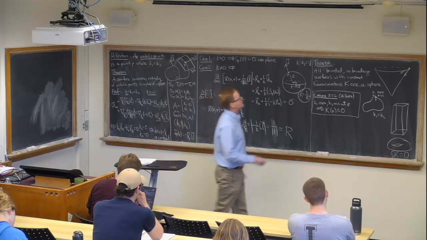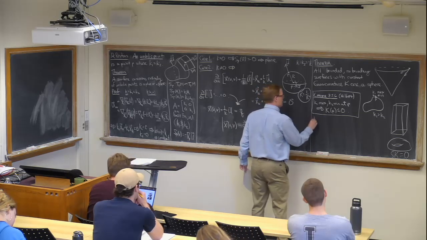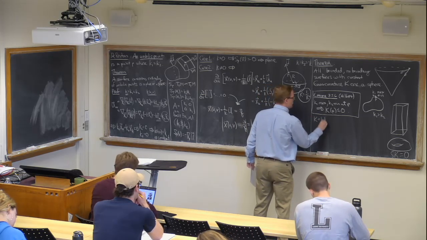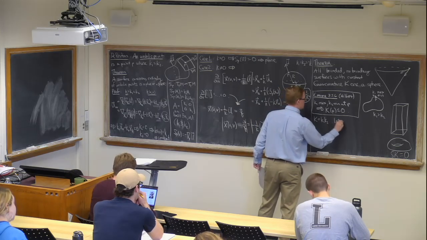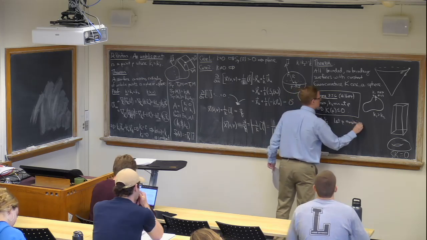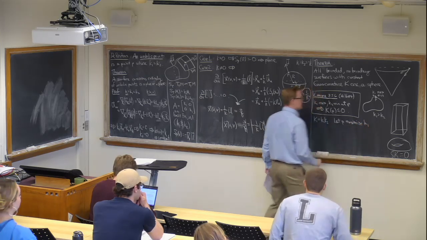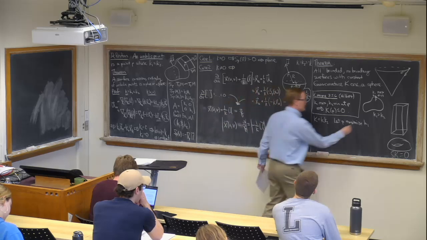So now it turns out this limit can be used to prove the theorem, because we know that K is equal to k1 times k2. So what you do is you say, let p be the point that maximizes k1.